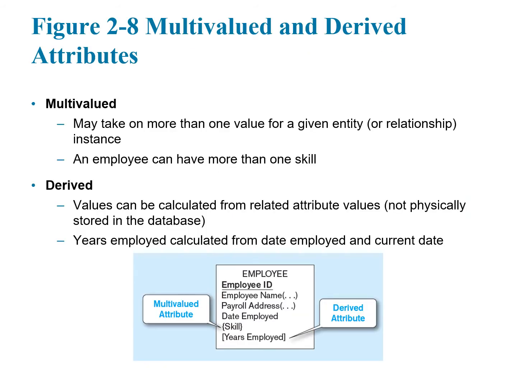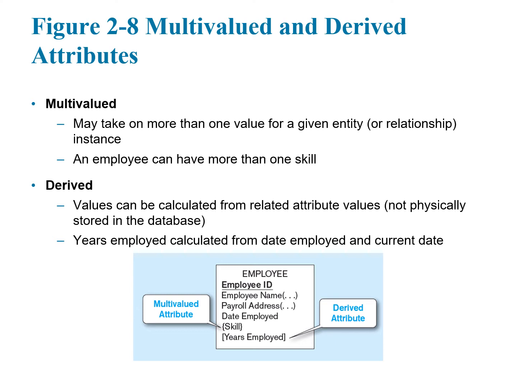Figure 2-8, multi-valued and derived attributes. A multi-valued attribute is not the same as a composite attribute, although novices may confuse these terms. A composite attribute is one that has many parts, such as an address composed of street, city, state, and zip code.